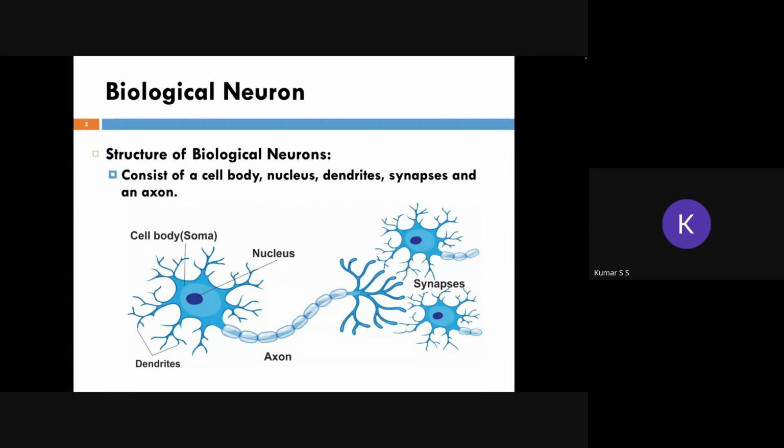Once the processing is done, that information is carried out to other neurons or maybe to the decision maker through the axon. When different neurons are interconnected, there will be a junction between these neurons, and those junctions are called synapses.